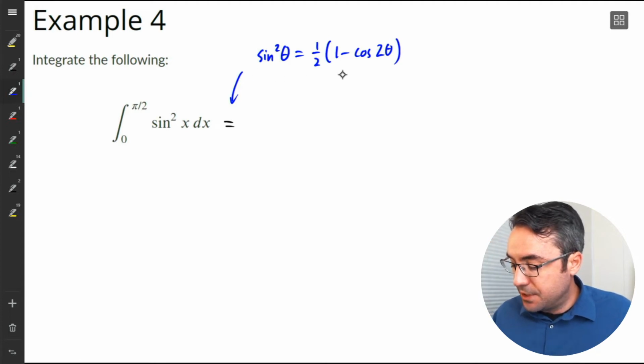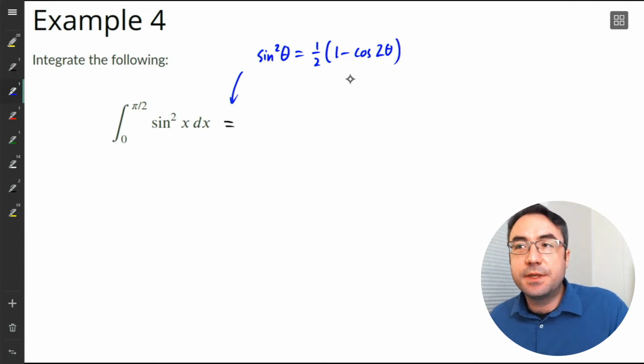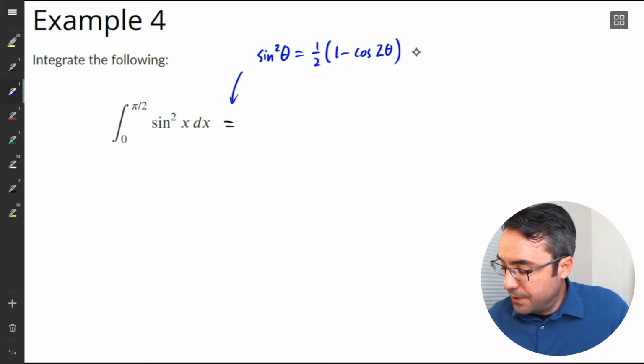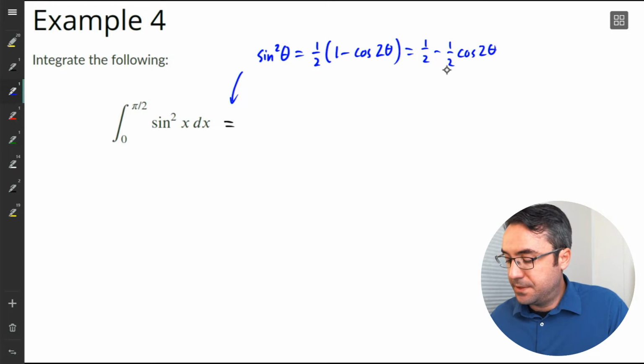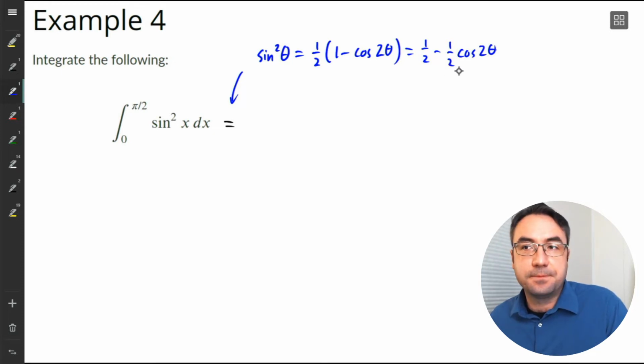Now, in terms of actually working with this, we can leave the 1/2 factored. Sometimes it's helpful to just have it distributed. So another way to think of this trig identity is just to have that 1/2 distributed. Either way you want to do it is fine. I'm going to use it with the distributed version here.